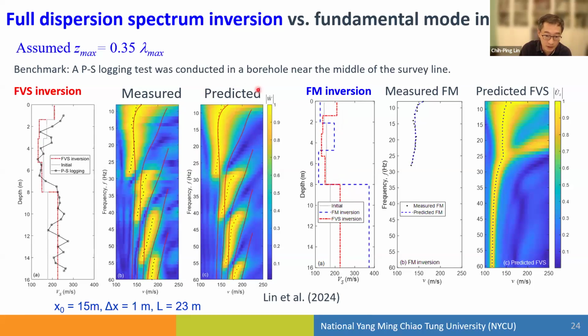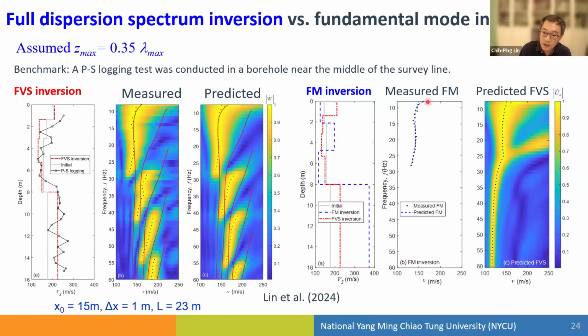You see, this is the predicted one, and this is the measured one. They fit very well. This red line is the FVS inversion, and this black curve is from the PS logging. It fits quite well. If we perform the fundamental mode inversion, we get this blue curve versus the FVS. They are very different.